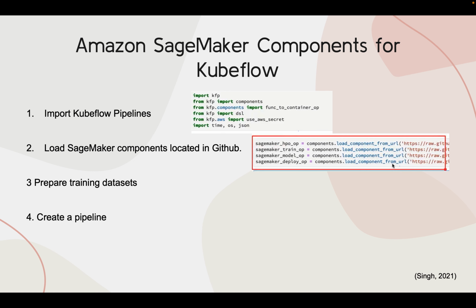Overall, creating an MLOps pipeline by using Amazon SageMaker components involves 4 steps. First of all, importing Kubeflow pipelines. Then you would load SageMaker components located in GitHub, then prepare the training datasets, and then create the pipeline using code.